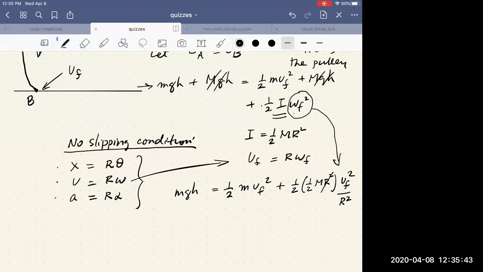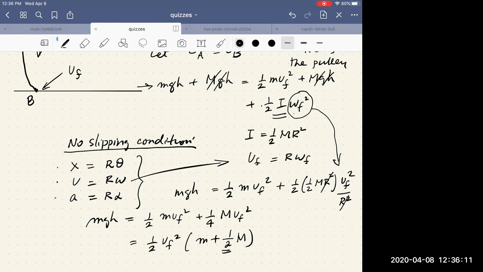So the R square happily goes away. And so you have mgh is equal to 1/2 m V final square plus 1/4 big M V final square, which can be simplified to 1/2 V final square times small m plus 1/2 big M, such that this 1/2 and this 1/2 makes this 1/4.